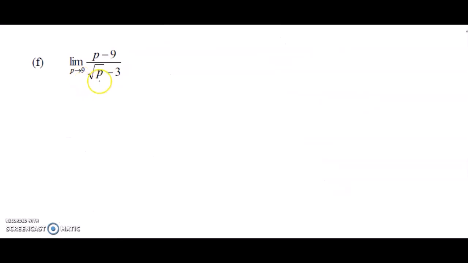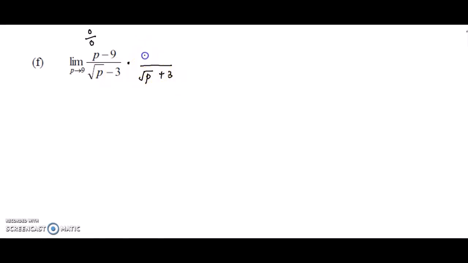For this function, again, start with the substitution method. We get 0 over 0 again. Alright. Then, meaning that substitution fails, you need to proceed to conjugate. Because I see that the denominator appeared as a surd, I know I need to multiply by its conjugate. So the conjugate will be square root of p plus 3. Just change one of the signs. I change the sign of the negative 3 to positive 3.